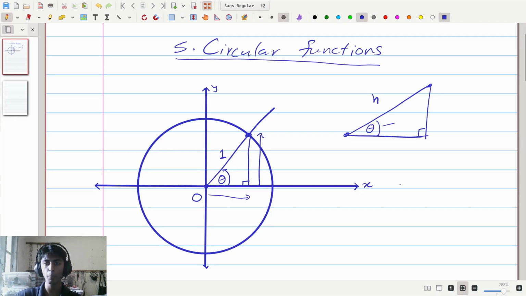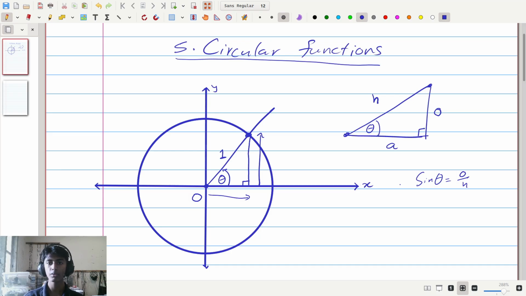The side that is opposite to the angle theta is what we call the opposite side, and usually denoted by O. And the side that is not the hypotenuse and not the opposite side is what we call the adjacent side. So it's written with a simple A for adjacent. So this side here is the adjacent side. Given this setup in this triangle, sine of theta is defined as the opposite divided by the hypotenuse.